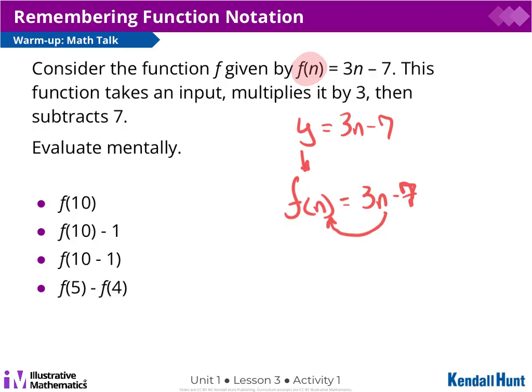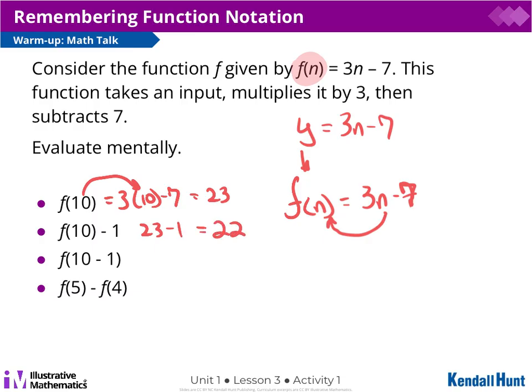Now evaluate this. To do f of 10, you put 3 times 10 minus 7. So 10 goes in for n, and you get 30 minus 7, which equals 23. So f of 10 is 23, then minus 1. 23 minus 1 equals 22.